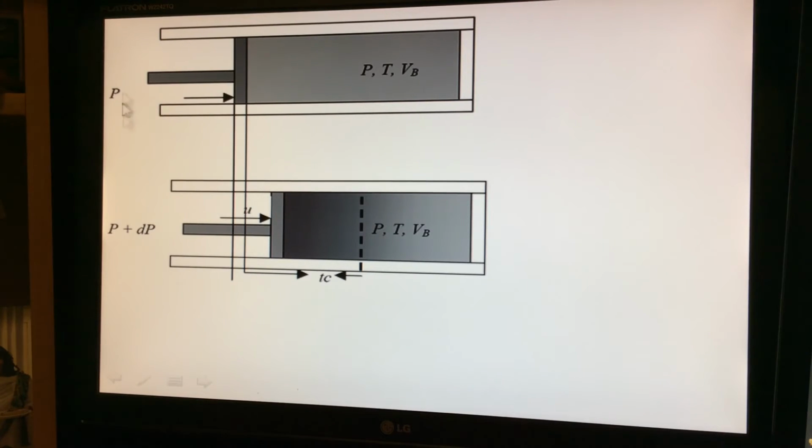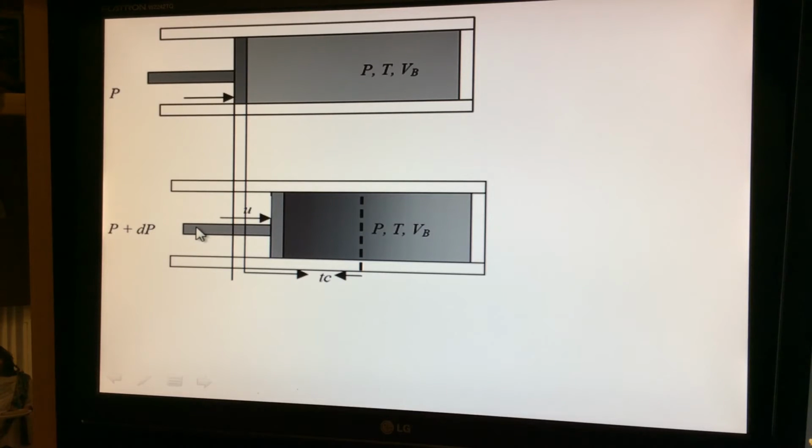Initially we have a pressure on the side, and the fluid is in its undisturbed state, so you can see that it's uniformly shaded here. But what happens when you apply a differential amount of pressure to that fluid by pushing the piston? You exert a pressure, and you are compressing this fluid.